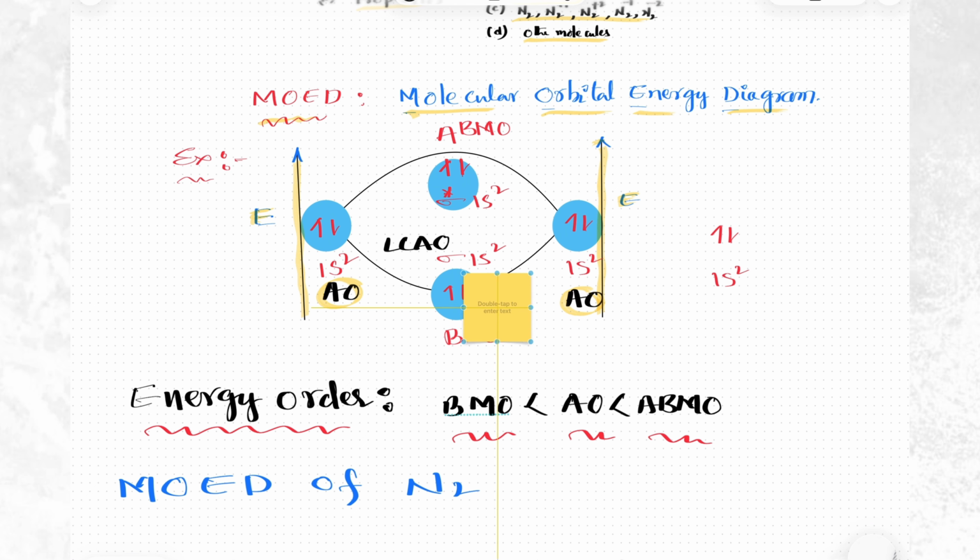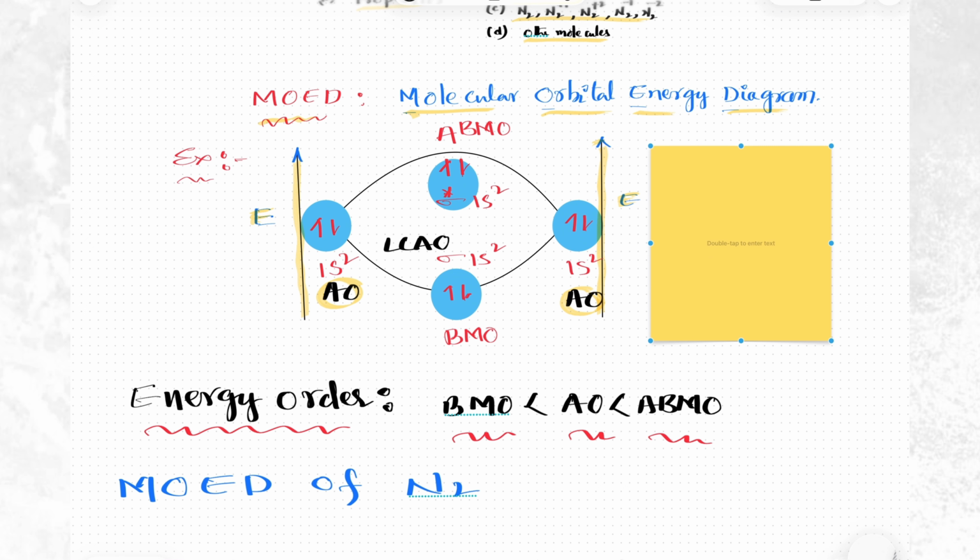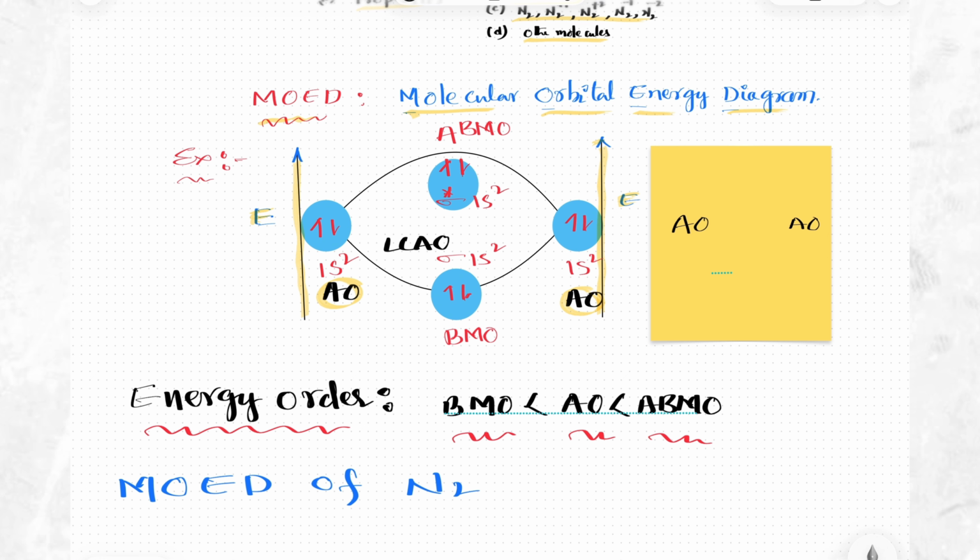I am explaining here. These two atomic orbitals, AO and AO, both combine and form a BMO, bonding molecular orbital, and sometimes excess electrons also enter the anti-bonding molecular orbital.